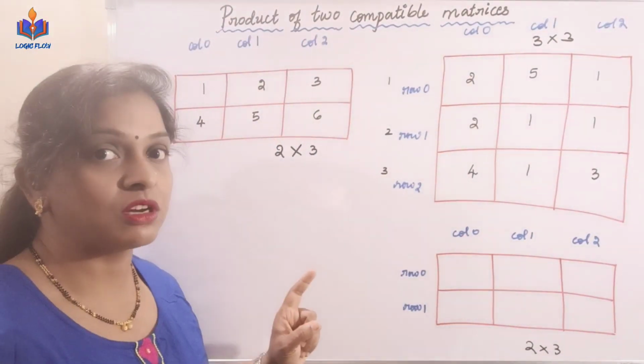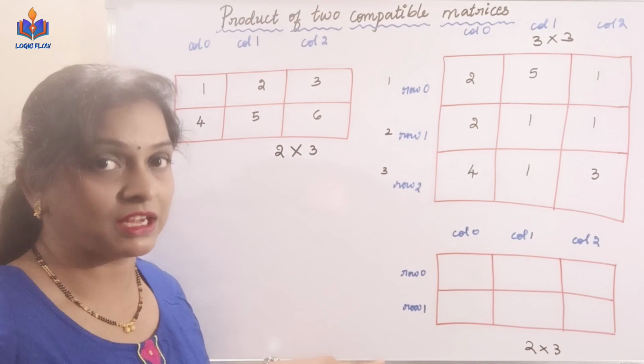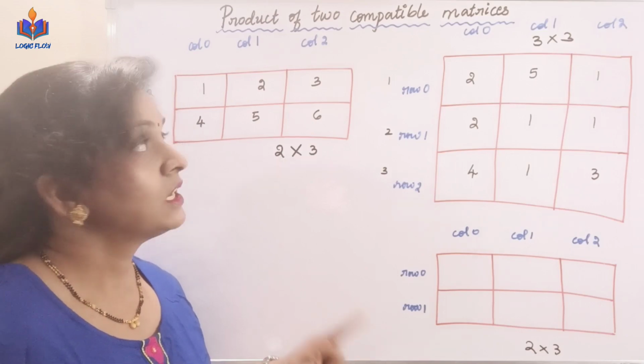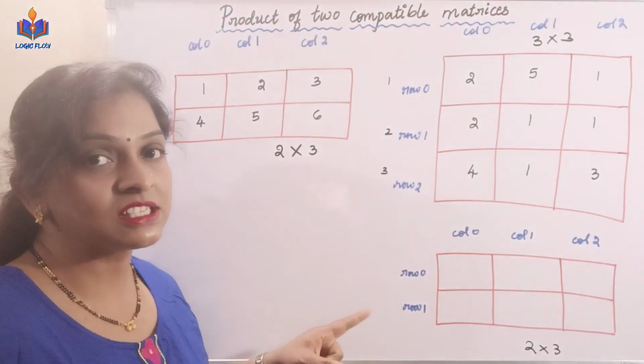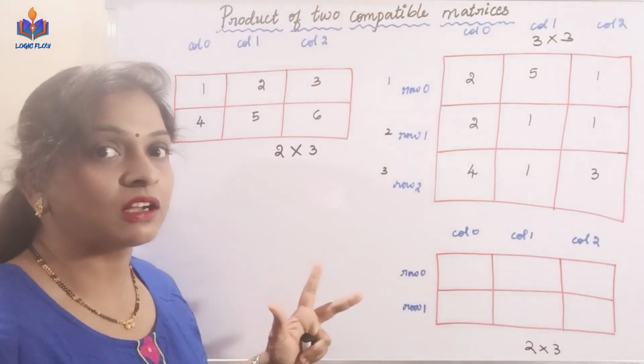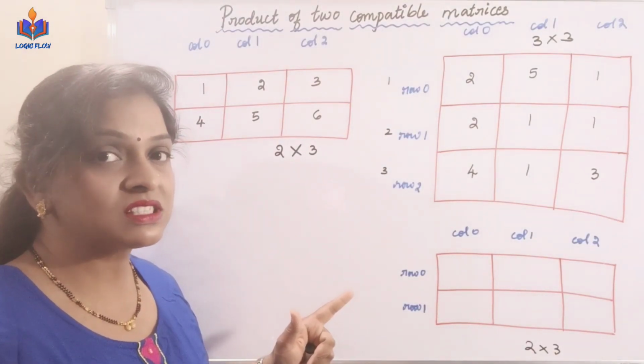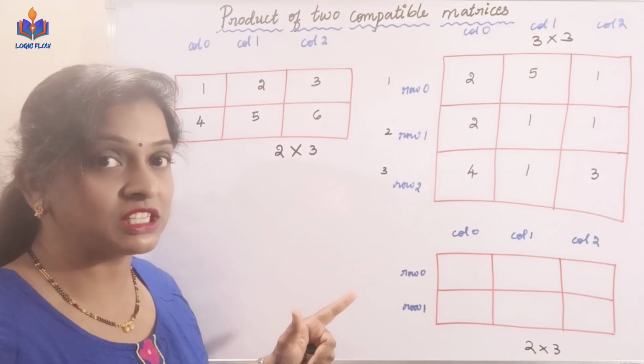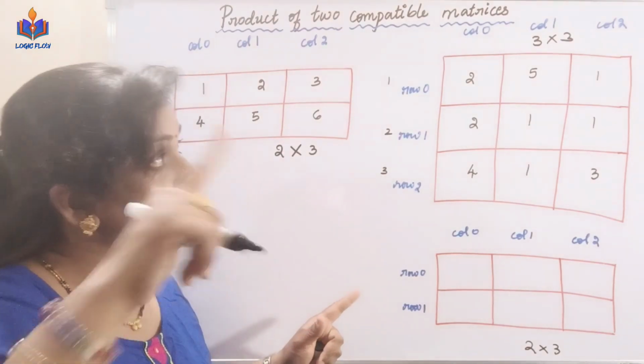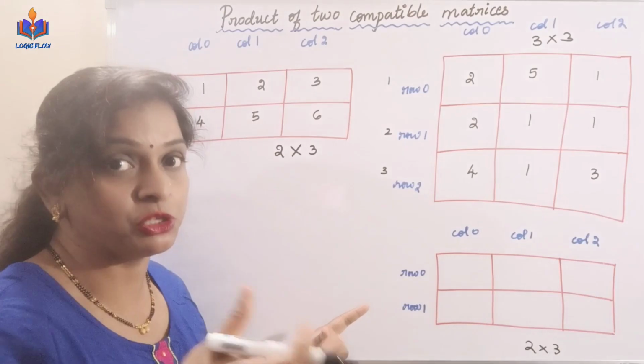Now we need to understand what the compatibility actually is. Compatible matrices means some different technique is involved in the product of matrices. What is the technique that we need to see, and then we will understand why the term compatible is used here.